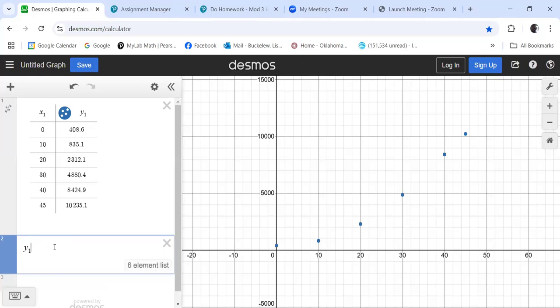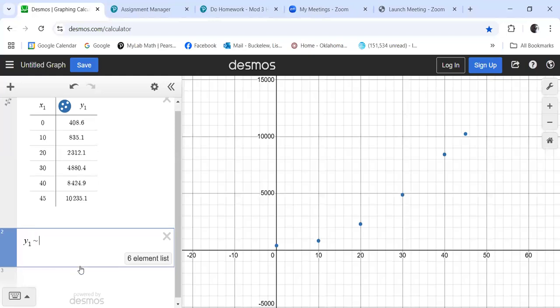So Y1, you don't have to hit the subscript. If you hit Y and the number 1, it automatically drops the subscript down because we have a table already there. Now, instead of equals, we're going to hit the regression button, which is also called a tilde or an approximate. If you look on your standard keyboard, it is the key above your tab button, and you still have to hit shift to get to that symbol.